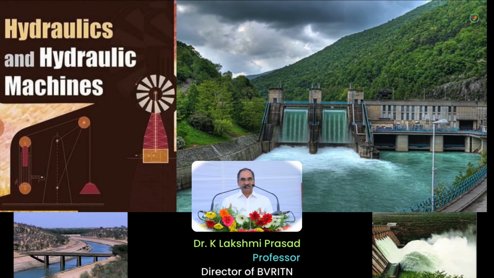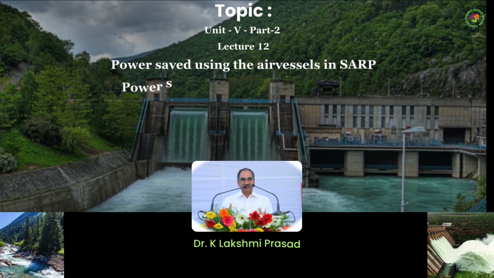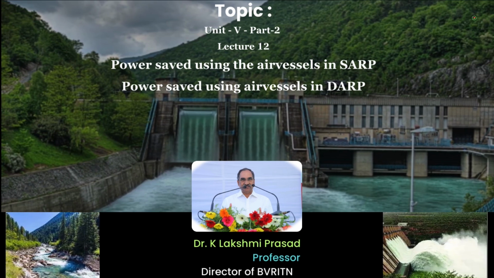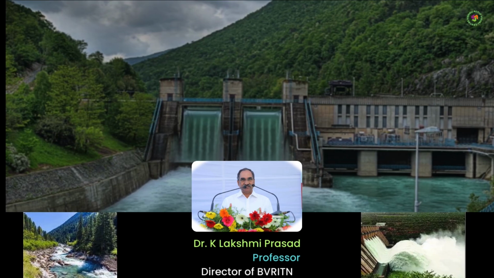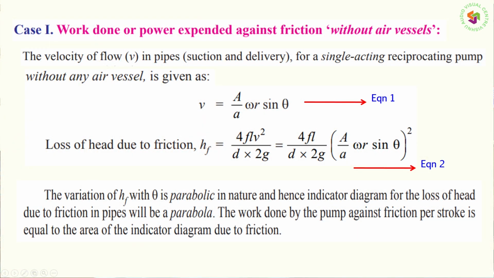In this lecture, we focus on what is the power saved by having the air vessels in case of reciprocating pump. How much power will be saved? This power savings is against the friction.